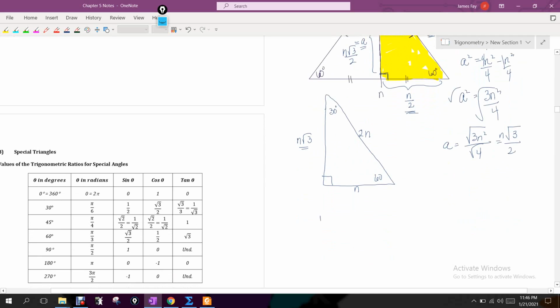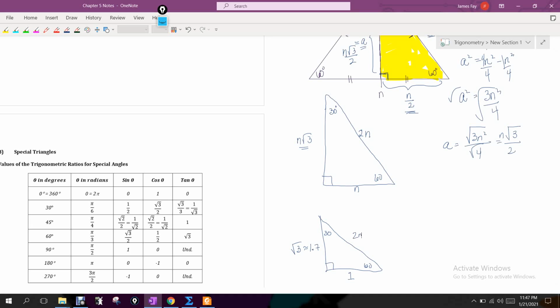So if we have a triangle where this is 30, 90, and this is 60, if I tell you that across from 30 is a length of 1, then across from 60 is a length of radical 3, which I believe is about 1.7. You can double check me on that. And then across from the 90 would be 2.